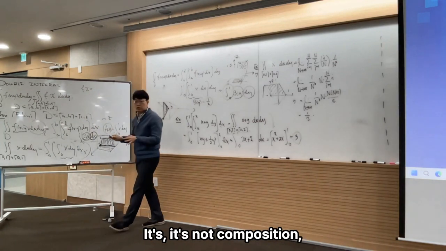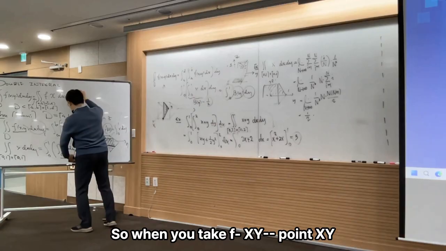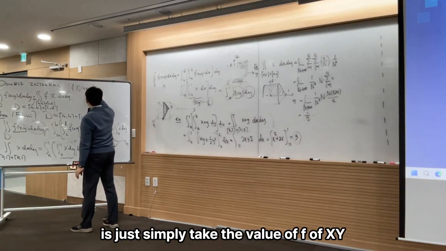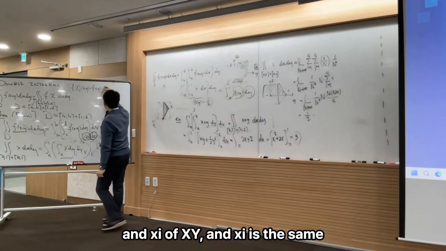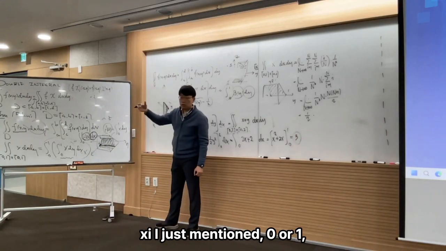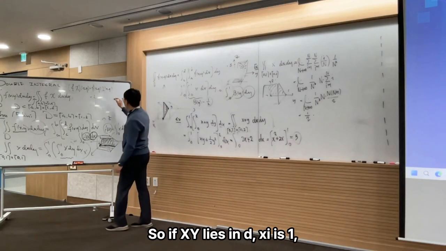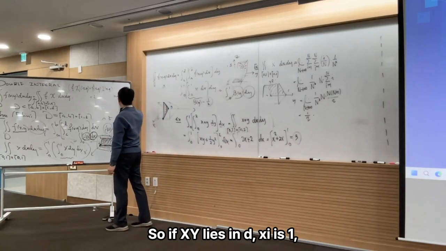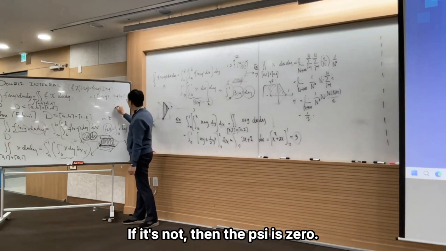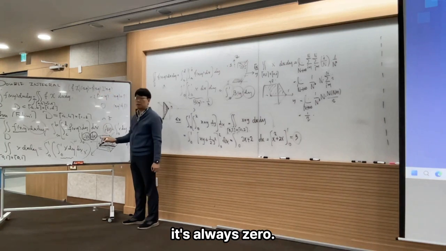It's not composition, it's a multiplication. When you take a point (x,y), f times psi simply takes the value of f(x,y) times psi(x,y). And psi is the same psi I just mentioned, 0 or 1, depending on whether (x,y) lies in D or not. If (x,y) lies in D, psi is 1, so you get the normal value f(x,y). If it's not, then psi is 0, and no matter what the value of the function is, it's always 0.